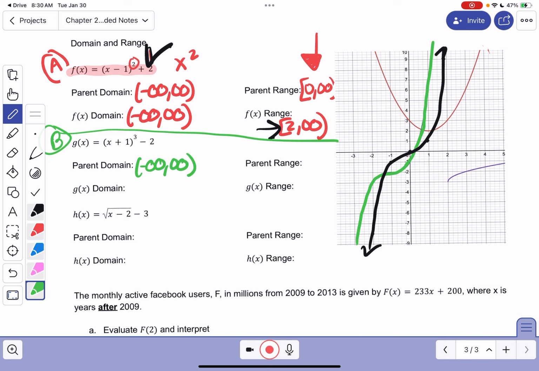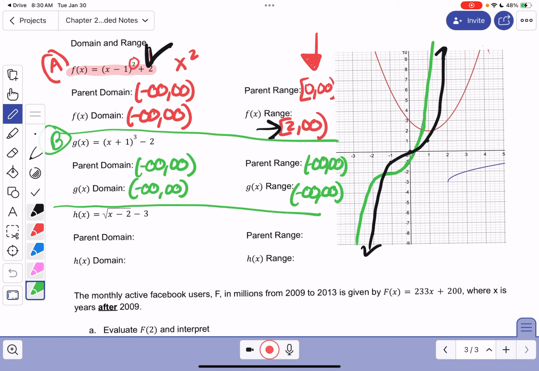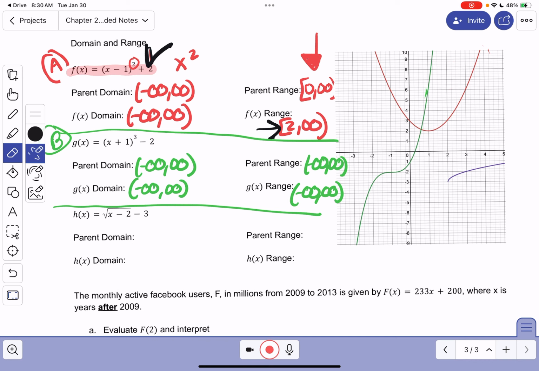And the green is the same. It goes up forever, it goes down forever. And then because it doesn't bottom out or top out, the range is also the same. So even though we've shifted it, those don't change because they were already negative infinity to infinity. So your domain and range only are affected if they weren't negative infinity to begin with.